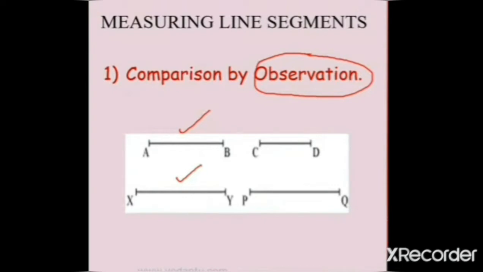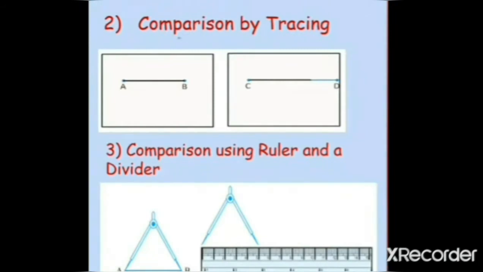And line segment XY is bigger than line segment PQ. If we compare line segment by observation, we may be wrong because we don't know the exact length of the line segment. So, chances of errors due to improper viewing are more.